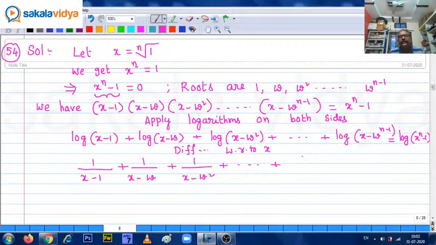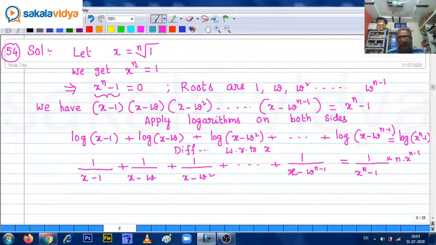The derivative of log of x minus omega to the power of n minus 1 is 1 upon x minus omega to the power of n minus 1, equal to the derivative of the right side, which is 1 upon x to the power of n minus 1 times the differentiation of x to the power of n minus 1, that is n into x to the power of n minus 1. Just check the question. The question is important. In the question we have 2 minus omega square; here 2 is x.